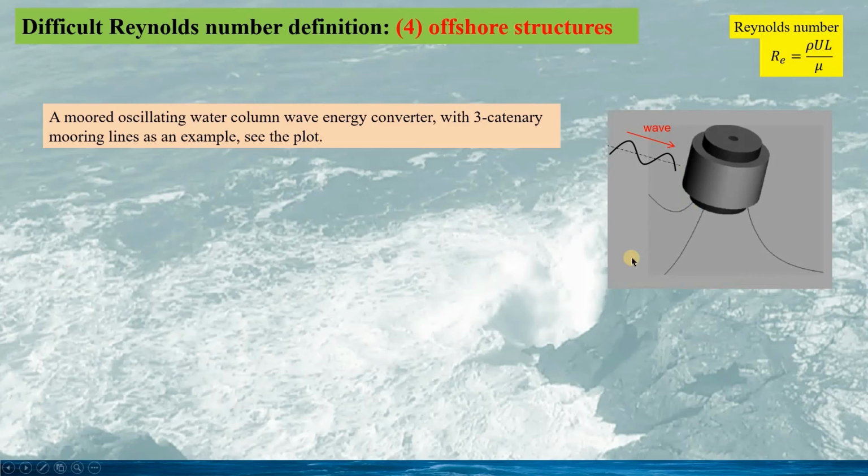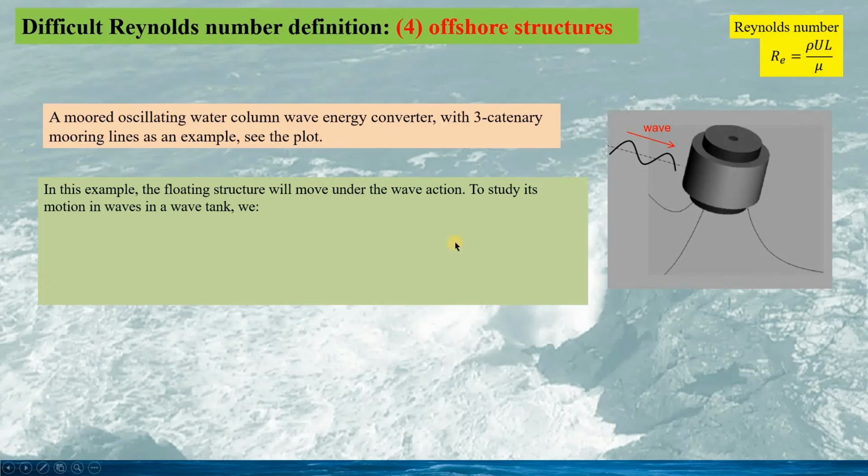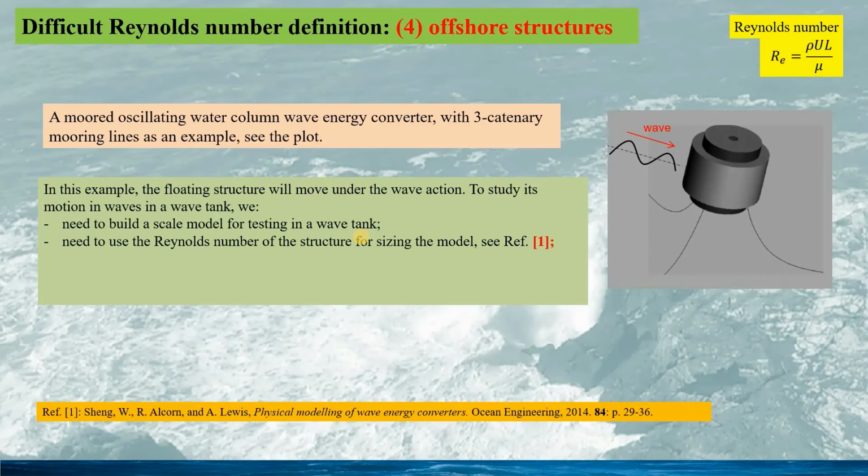Our question is to study the floating structure motion in waves in a wave tank, and how we can model it. In the modeling, we need to build a scale model for testing in the tank. We need to use the Reynolds number of the structure for sizing the model.